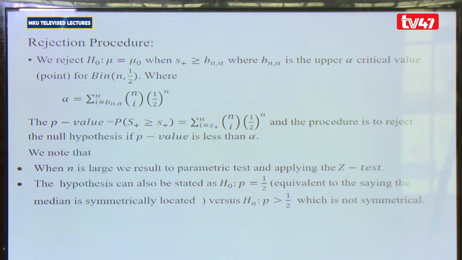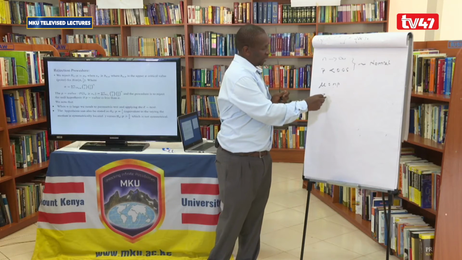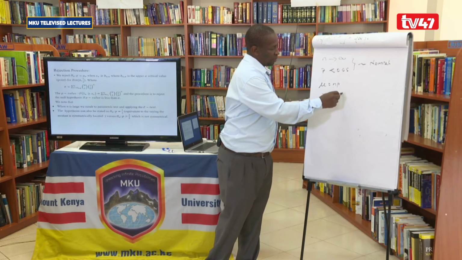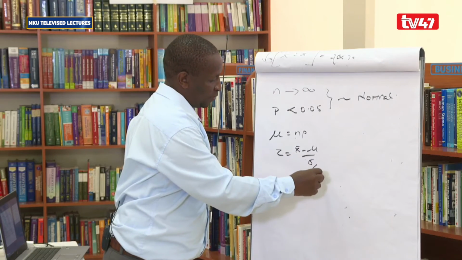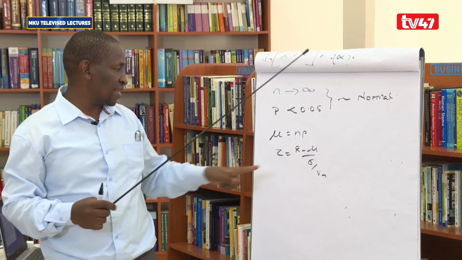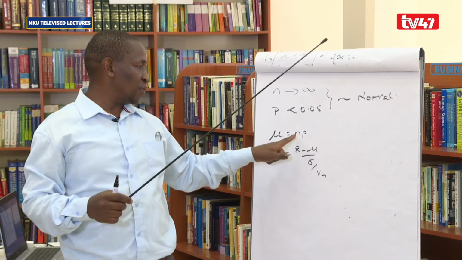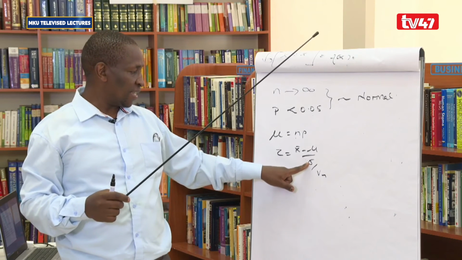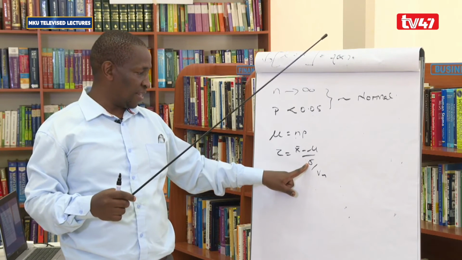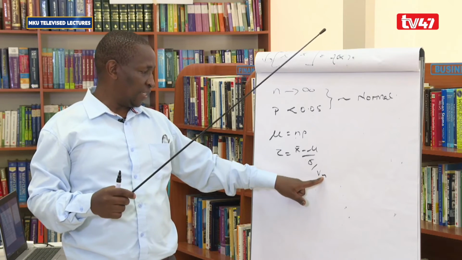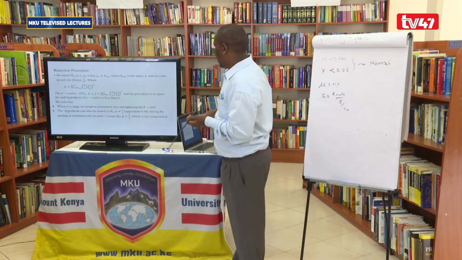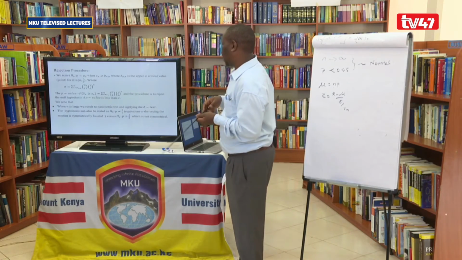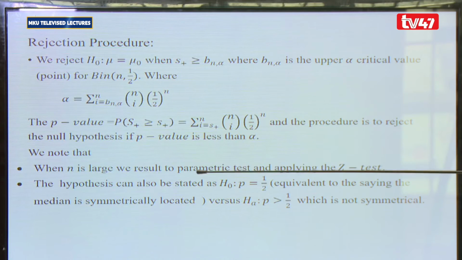So the Z test statistic is simply x bar minus mu over sigma over root n, where x bar is the sample mean, mu is the population mean denoted by np, and sigma over root n is the standard error, with n the sample size. That is what the distribution will result to when n is large.